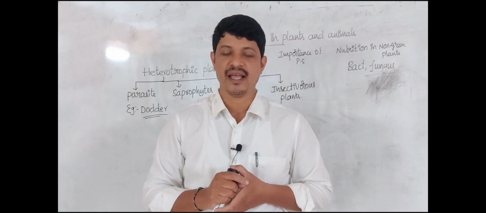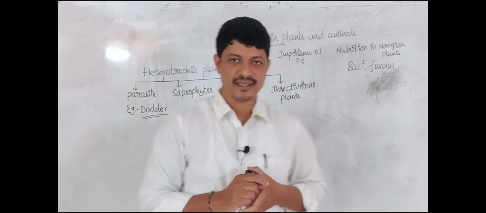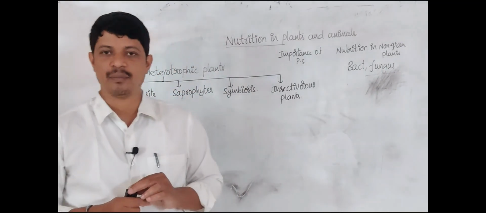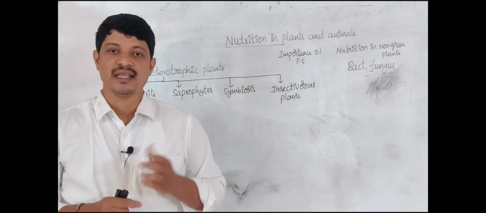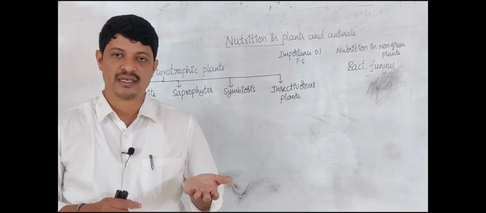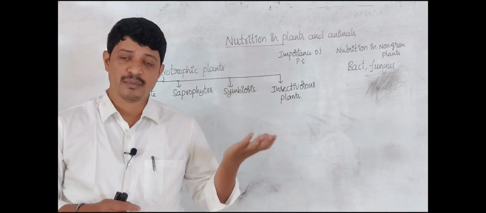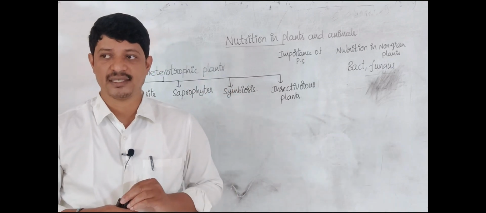This is the dodder plant structure. A parasitic plant cannot prepare its own food particles. They suck the food particles from the other plant's body.